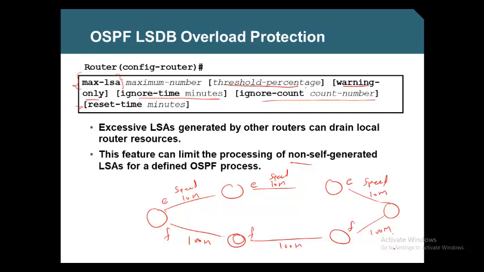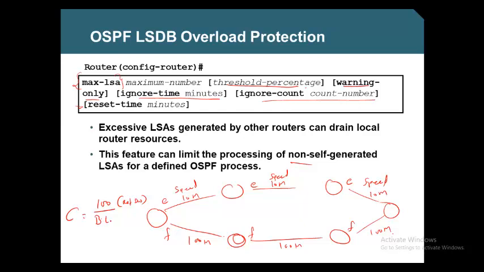Cost is equal to 100 by 100, which is called the reference bandwidth, divided by the actual bandwidth over the link, the link's bandwidth. Okay, this is the formula.